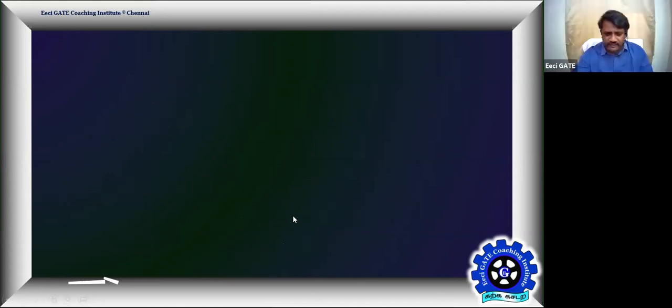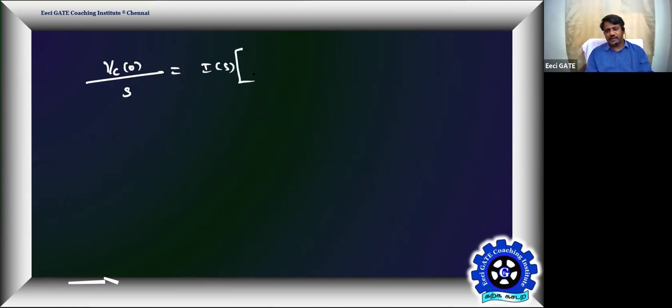Then the next equation becomes VC(0), that's the initial voltage, divided by s, that is equal to, on the right hand side, I(s) taken as common: sL plus R plus 1/sC. Then take the LCM.